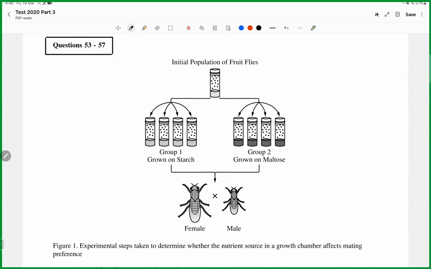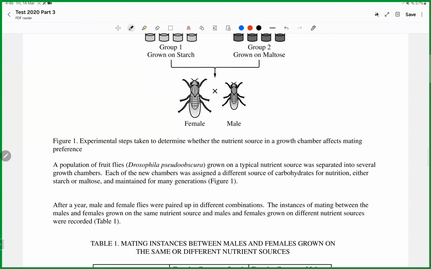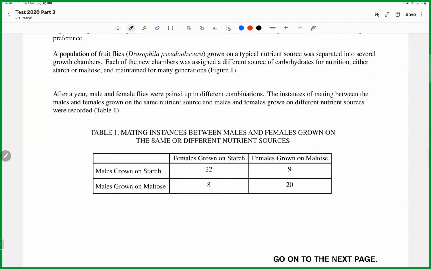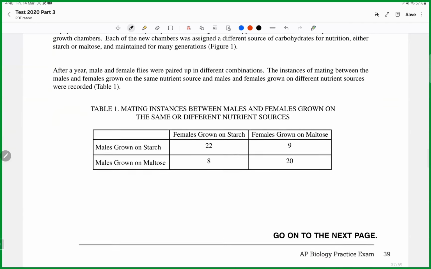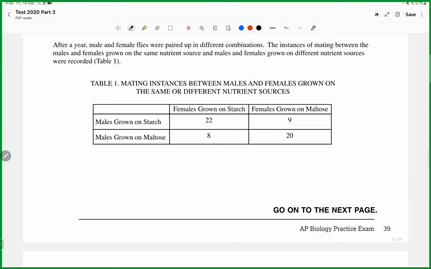Wow. One group on starch, one group on maltose. Female's much bigger than a male. That's interesting. What do they eat? Okay, population of fruit flies. So wait, if they grow on starch, they mate with each other more.